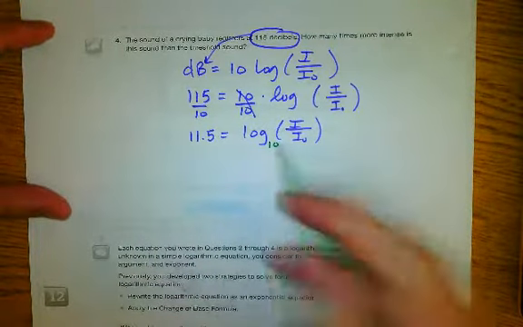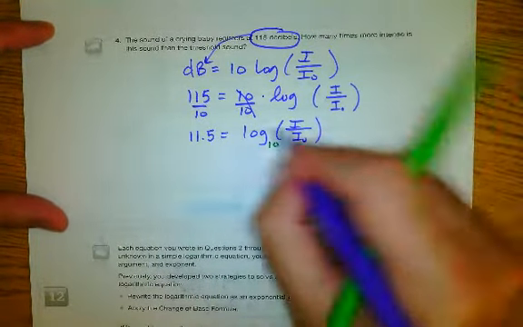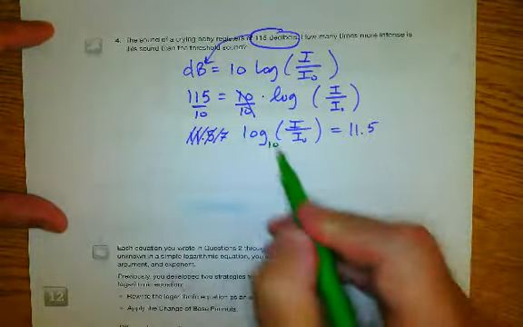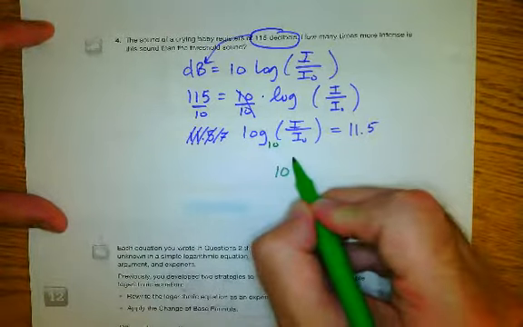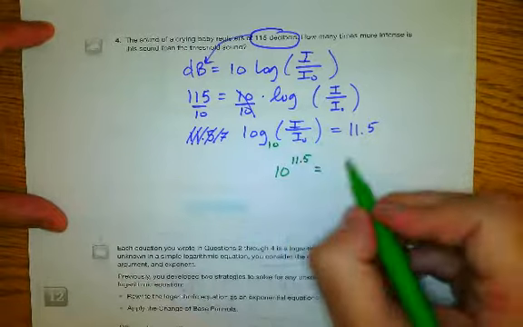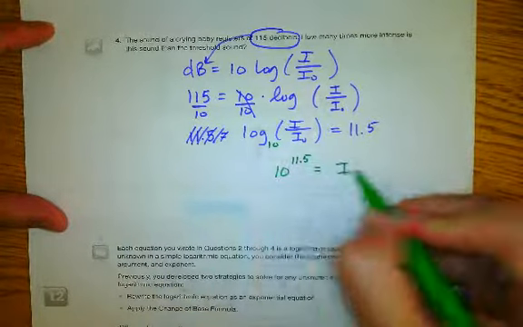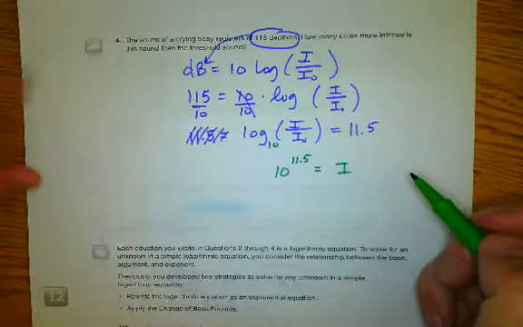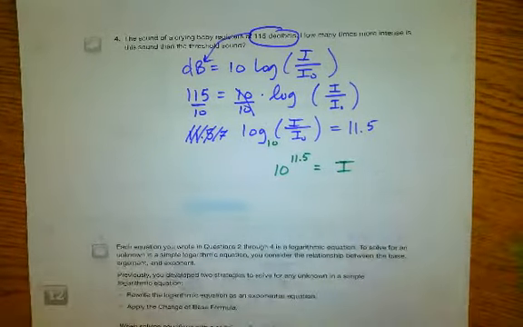So when we rewrite this as an exponential equation, because I can't solve it like it is, we're going to move the 11.5 to the other side. So this says 10 to the 11.5 power will be this value, which remember is the intensity value, which we actually care about because the intensity is measured in I naughts multiple times. So all we really care about is this value.